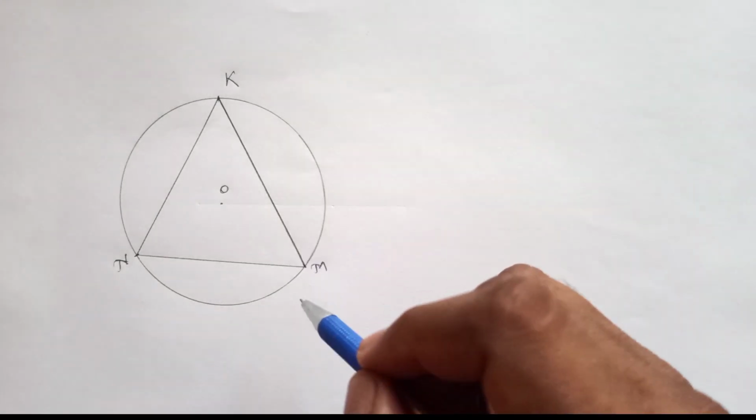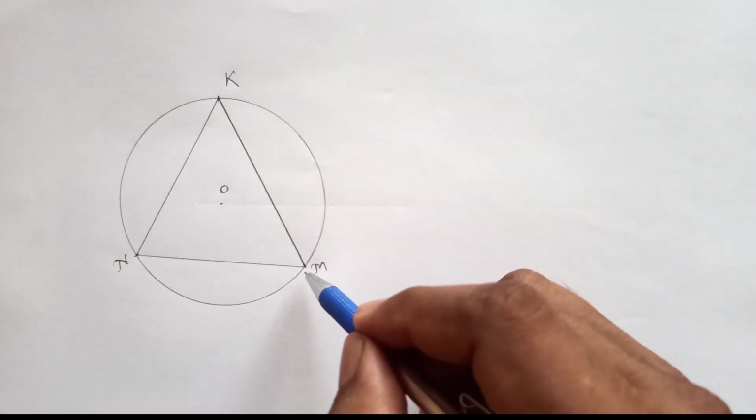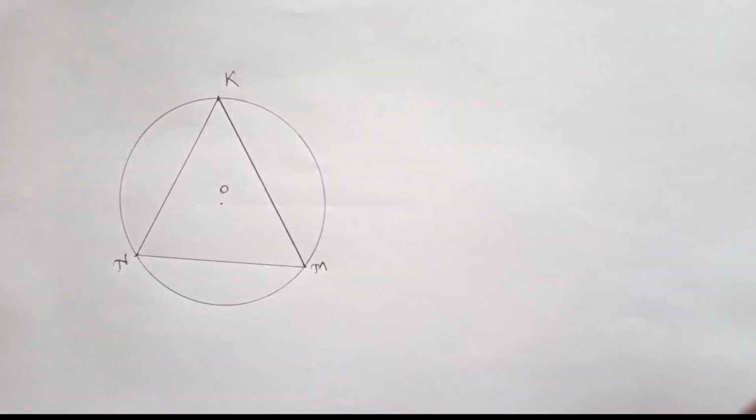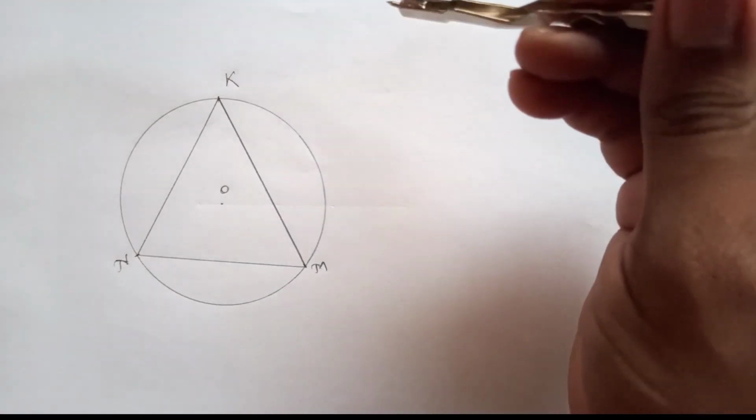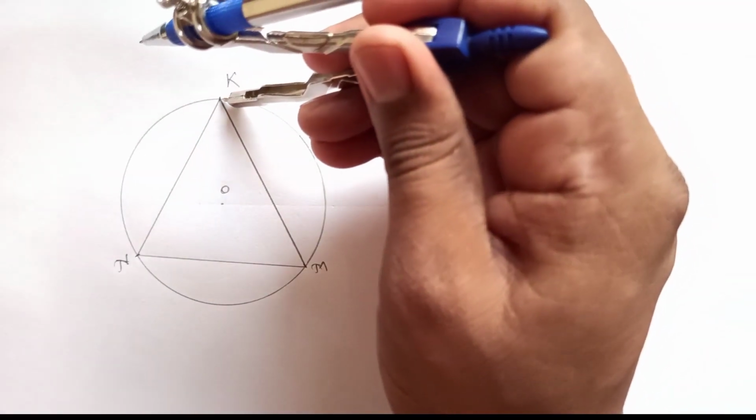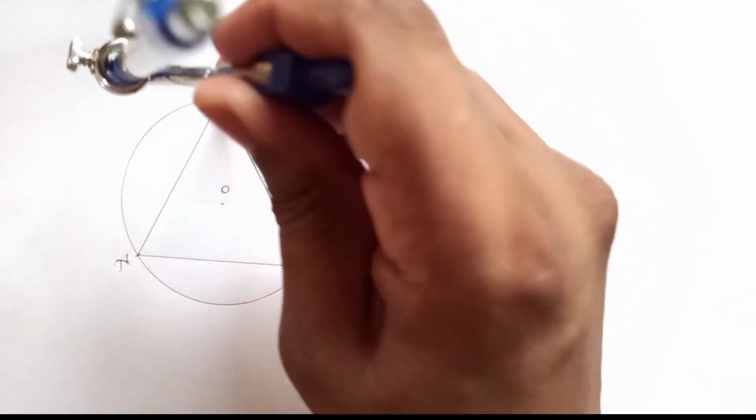Now we have to construct the tangent from this point M. Okay, now for that purpose we will use the construction of congruent angle concept. So with the help of compass, first of all, we will hold this compass on a point K like this.